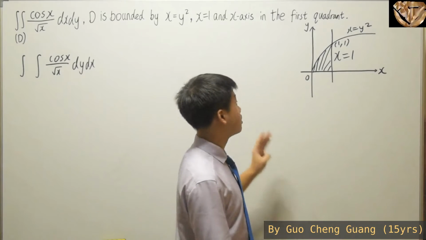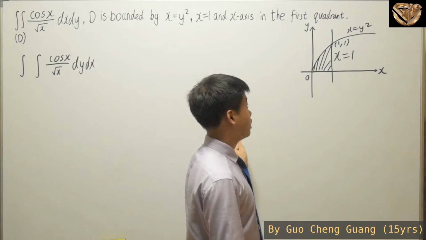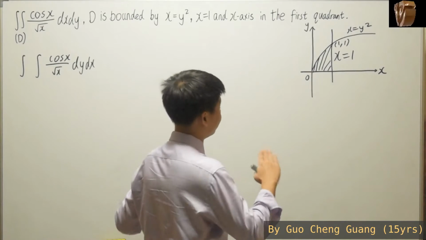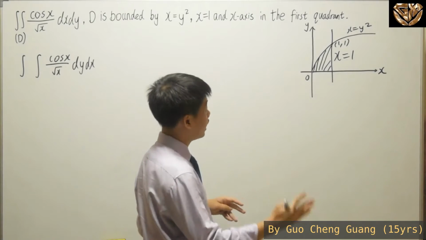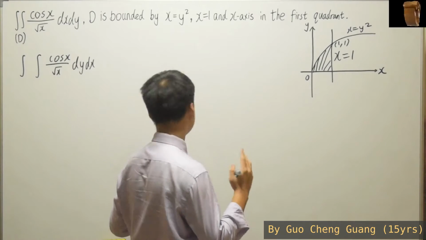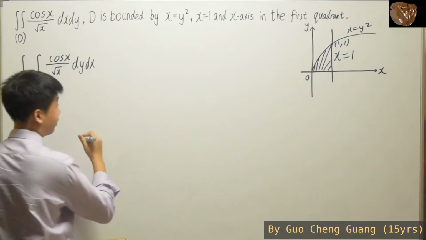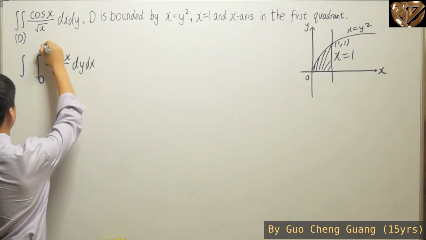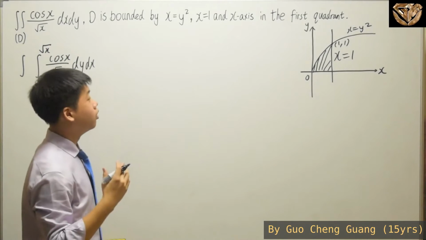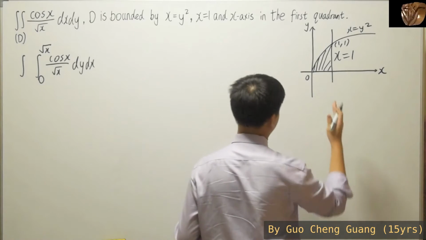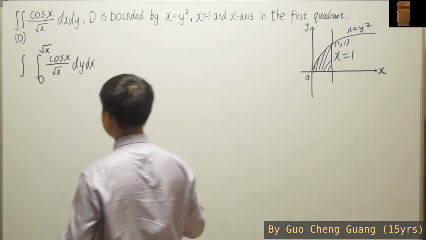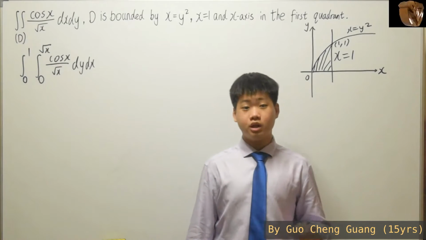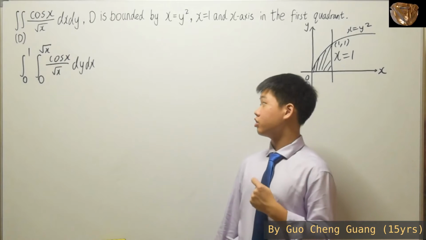But this curve is x expressed as a function of y, and if you want to integrate with respect to y first, we need the function to be y in terms of x, which is y equals square root x. So this would go from 0 to square root x. And then the range for x will be from 0 to 1. This is all we need to solve this question.